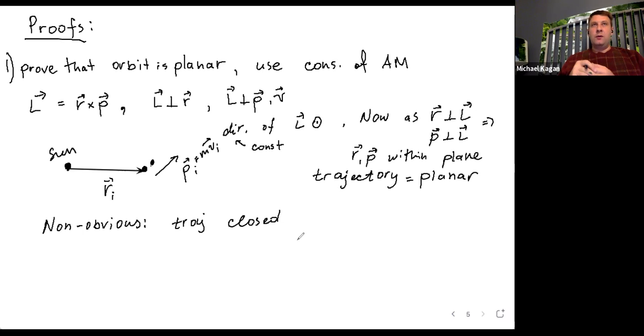So if you imagine that, oh, how do we know that angular momentum is conserved? I didn't prove it. I should have. So let's prove that L is constant. Any ideas how to prove it?